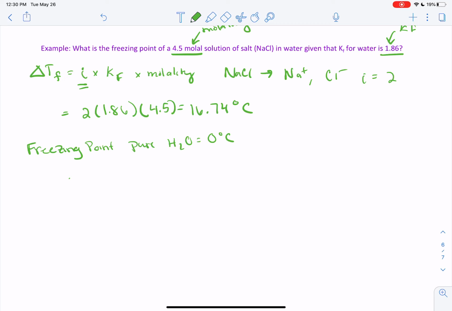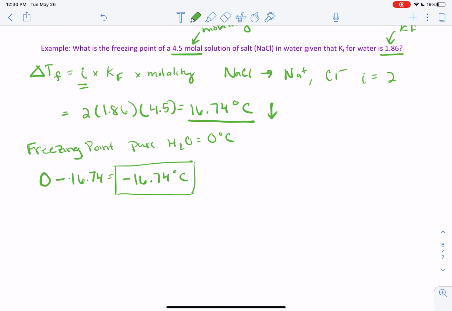When we add the NaCl, it's going to change it by this much. And remember, it's freezing point depression, it's going to decrease by 16.74. So now we have to say 0 minus 16.74 equals negative 16.74 degrees Celsius. And that would be our final answer. That is the new freezing point of water.